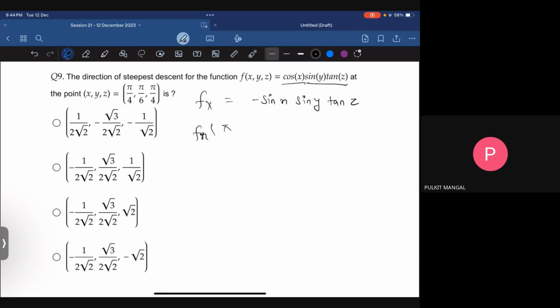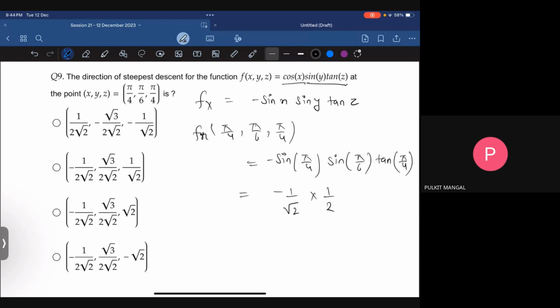Now fx at the point pi by 4, pi by 6, pi by 4 is negative sine pi by 4 times sine pi by 6 times tan of pi by 4. Sine pi by 4 is 1 by root 2, negative.